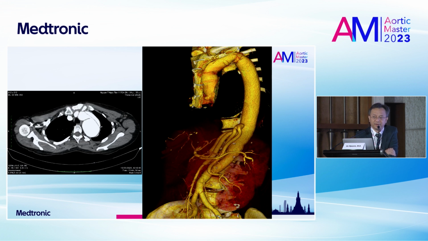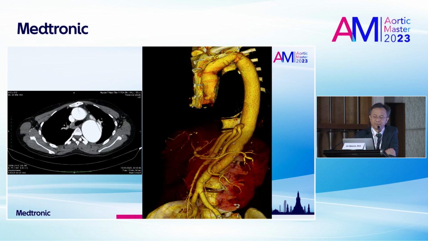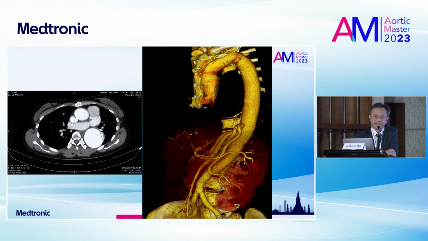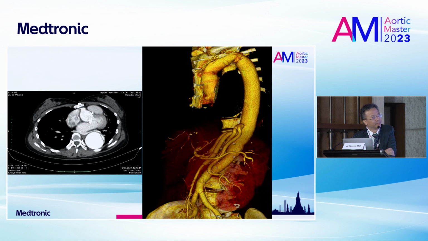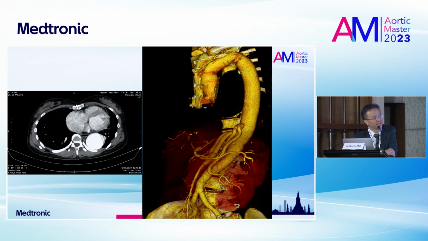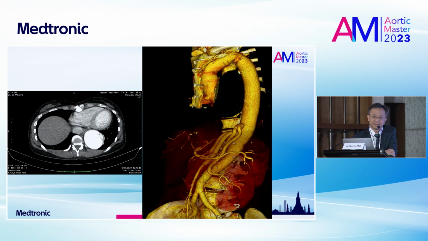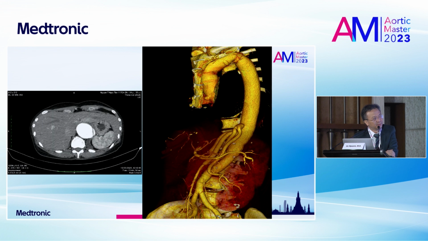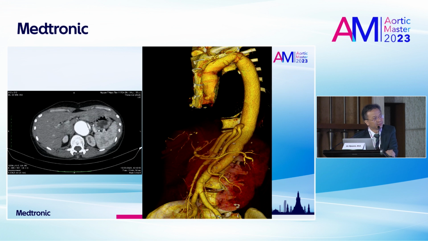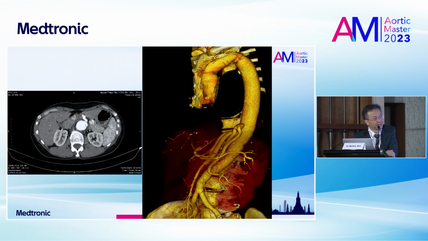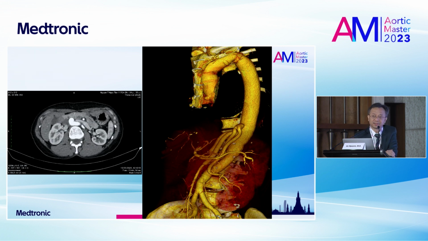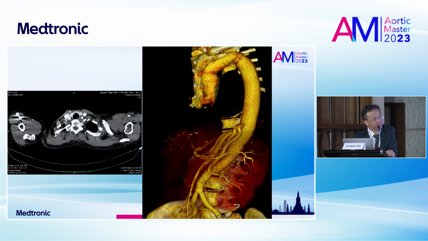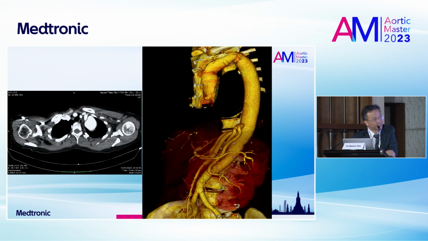Still, it is very valuable, especially for connective tissue disease. Like this case, a Marfan patient. The first operation was a root operation with a Tirone David implantation and replacement of the ascending aorta and hemiarch. The patient came back 3 years later with a very huge thoracoabdominal aneurysm dissection.